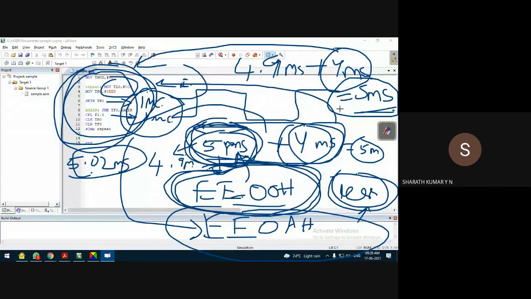The bottom line is, to generate the time delay accurately, we have to consider the time required to execute the program. But in most cases this delay is very, very small, and hence we tend to ignore the delay generated by the execution of the program.